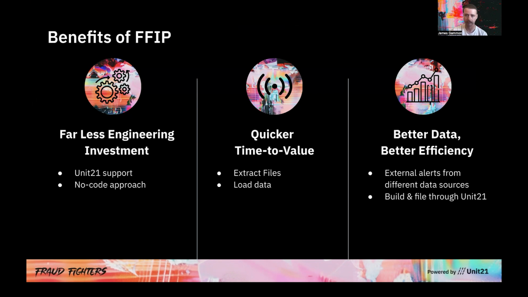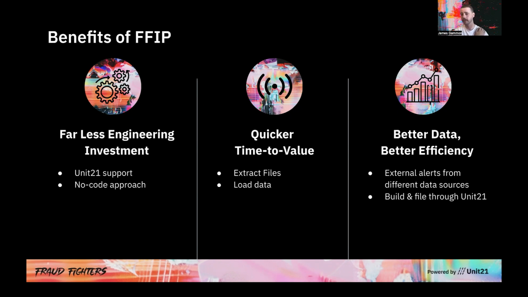So let's just very quickly talk again about those benefits of FFIP. Less engineering effort and investment, less planning, less negotiation to ensure that the resources are freed up and available. Quicker time to value. Your team provides us with files, we map it, we load it, and then we all validate it together.